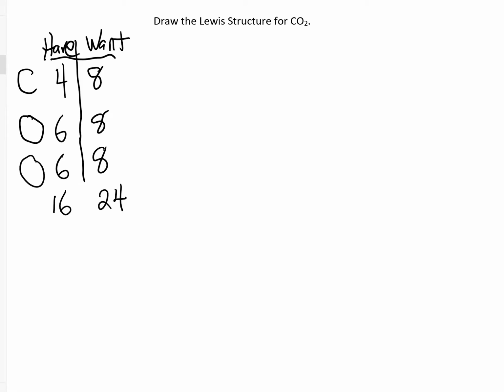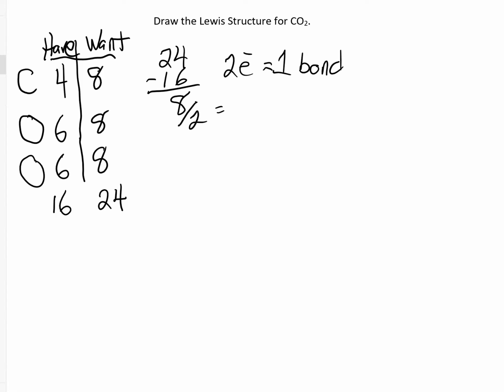To figure out how many bonds, we take 24, subtract 16 from it. We find we get 8. And remember, it takes 2 electrons to equal 1 bond. So we divide that by 2, and we're going to need 4 bonds.